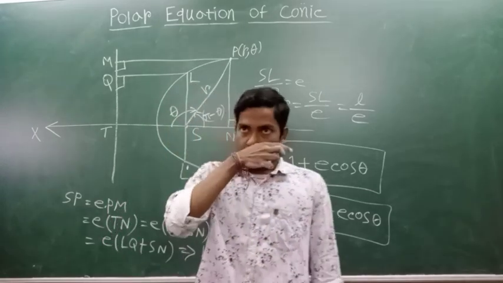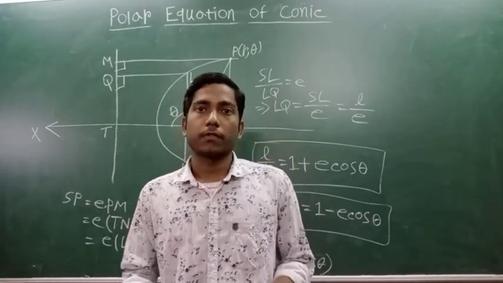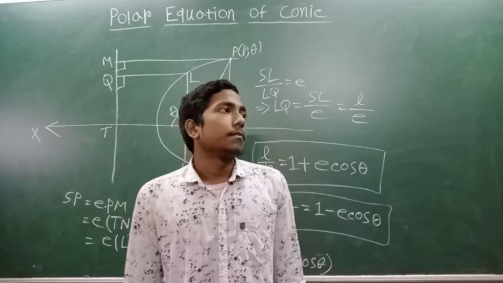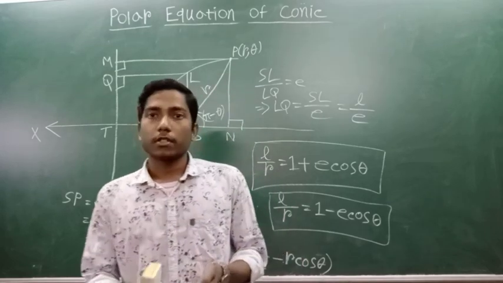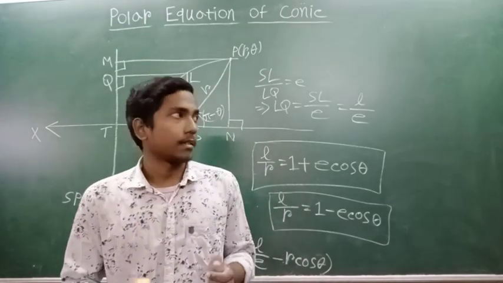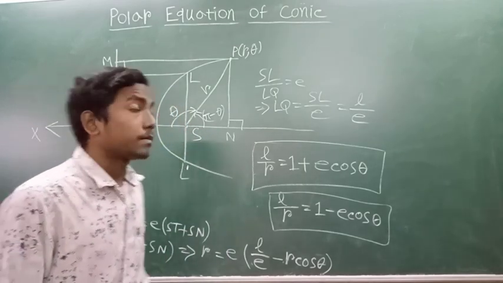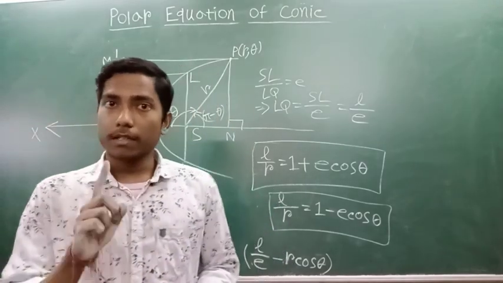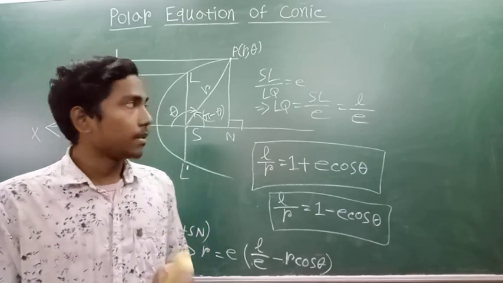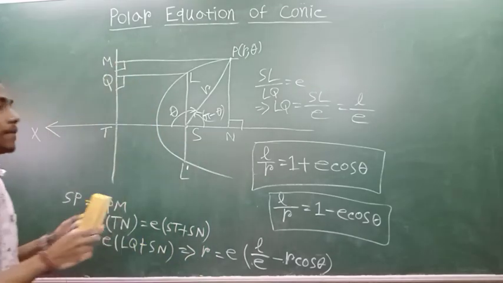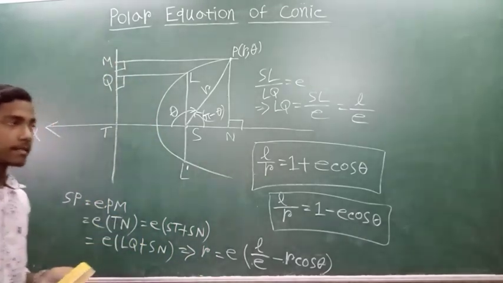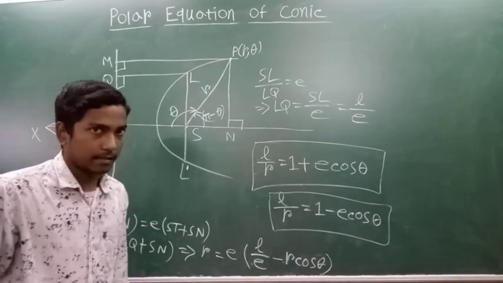So there are two pairs of focus and directrices. Okay, so here we will derive the equation of both the directrices using polar form. But for that we will use only one focus and one directrix. Okay. So first we will derive the equation of nearest directrix, then we will derive the equation of farthest directrix.